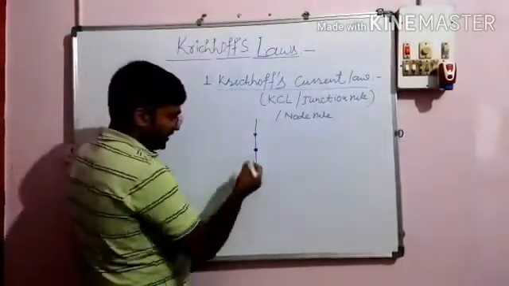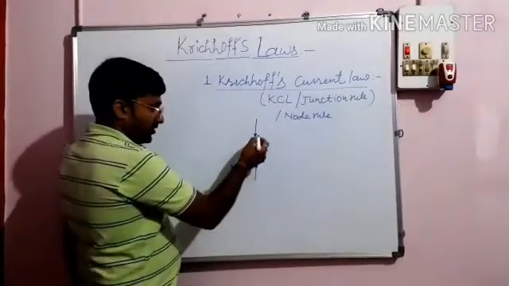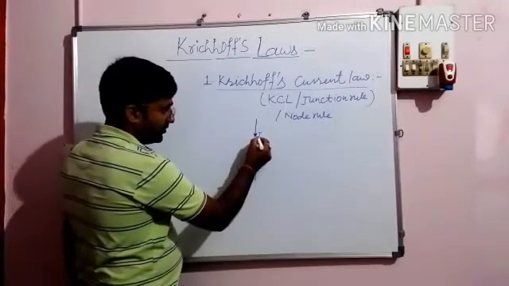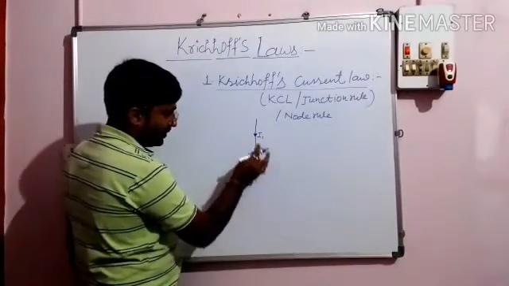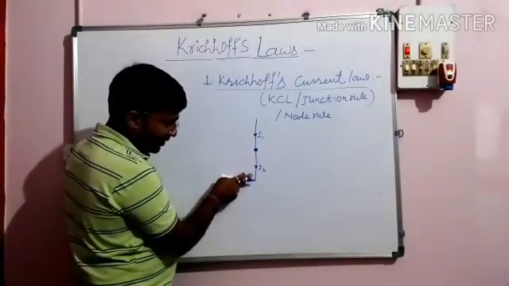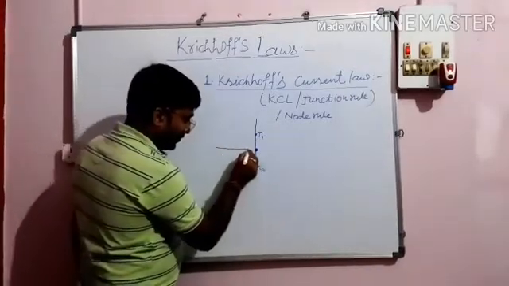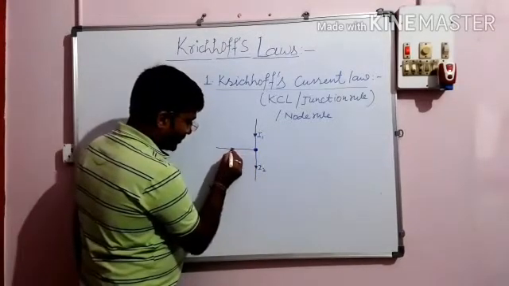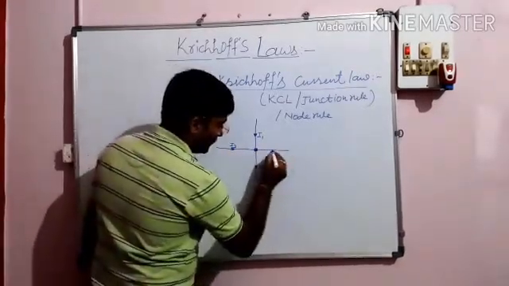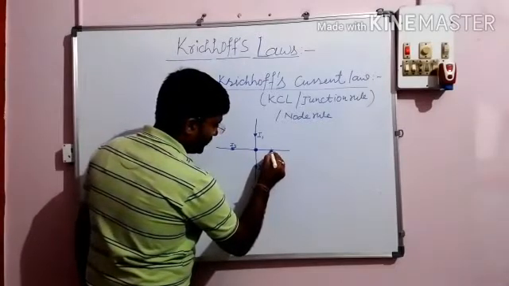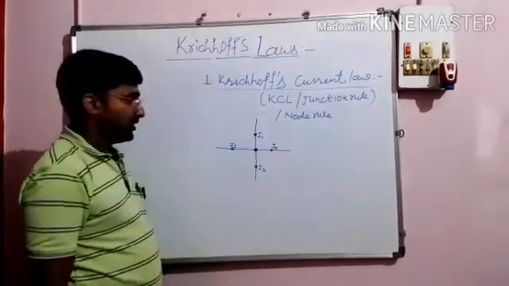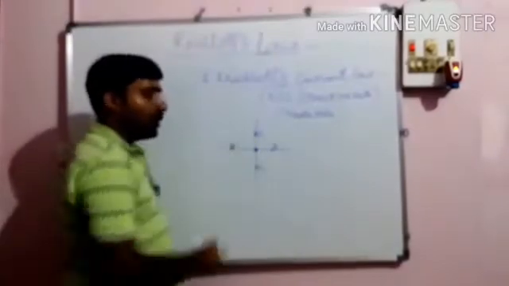Now we have discussed the incoming current and outgoing current. This one is I1, suppose, and this one is I2. This is current coming towards the junction, and this one is current going outward from the junction. The third one is the current coming towards the junction, indicated by I3. And the fourth one is the current going outward from the junction, I4.